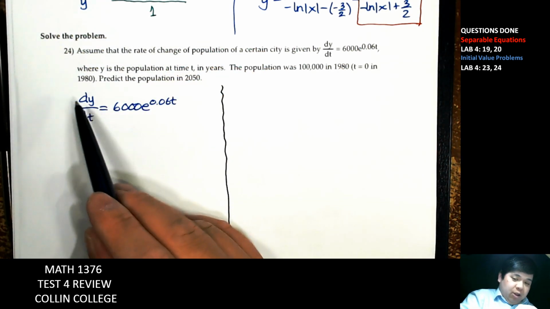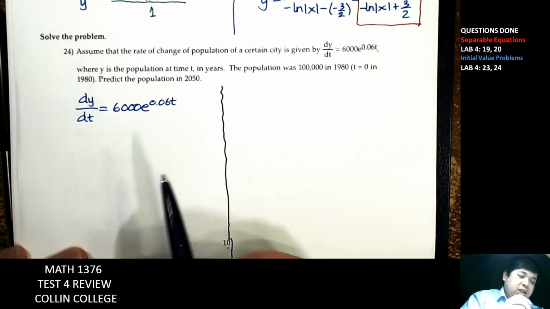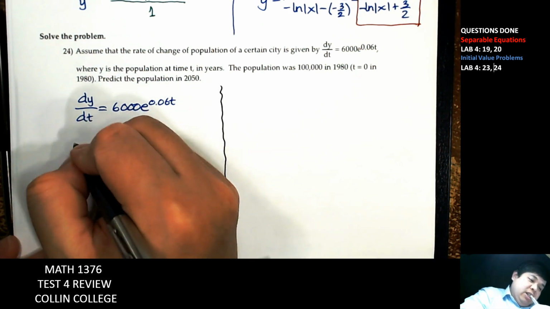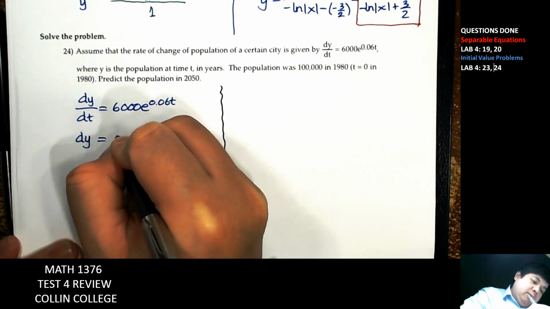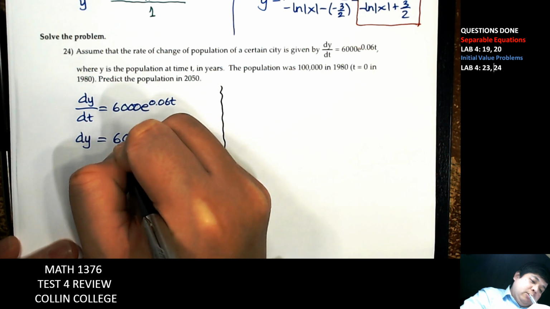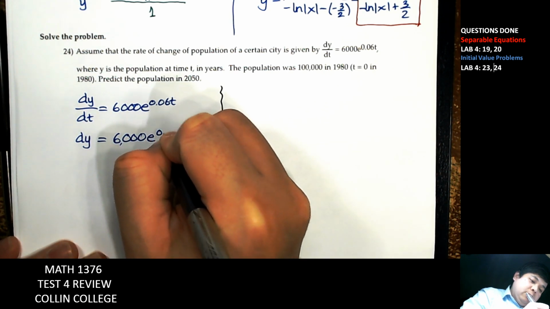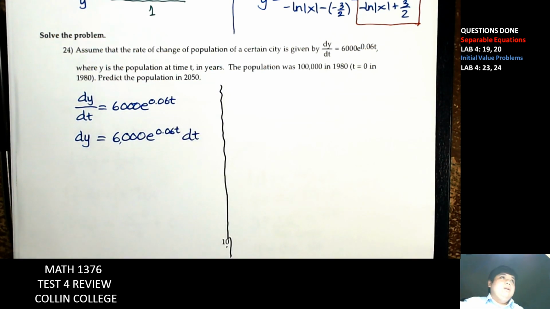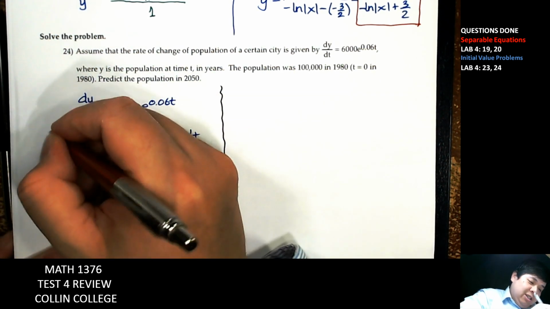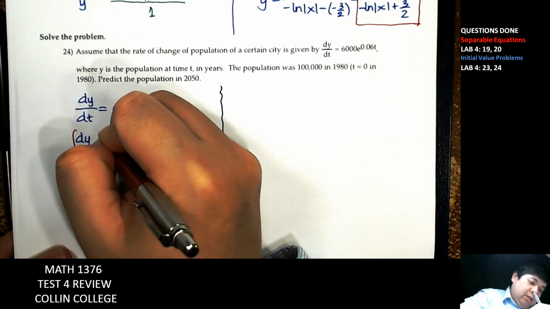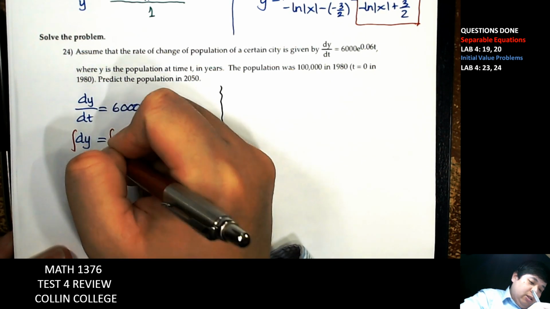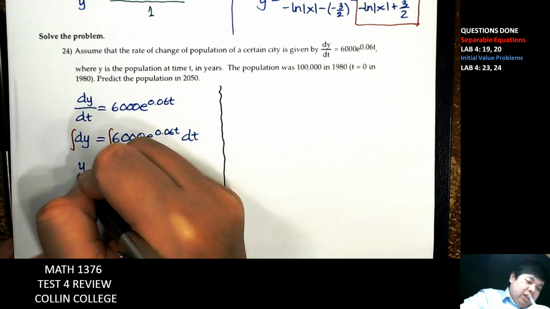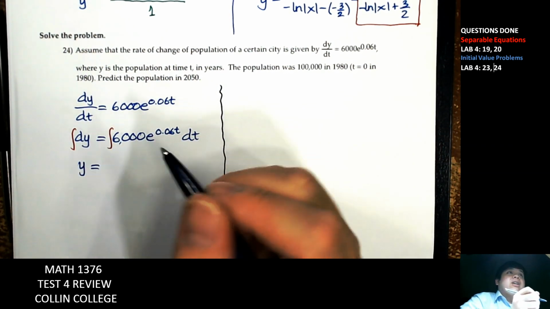To get rid of the derivative, we can integrate both sides, but it's also separable, so move the dt, and integrate. Easily this integral of dy, just y.